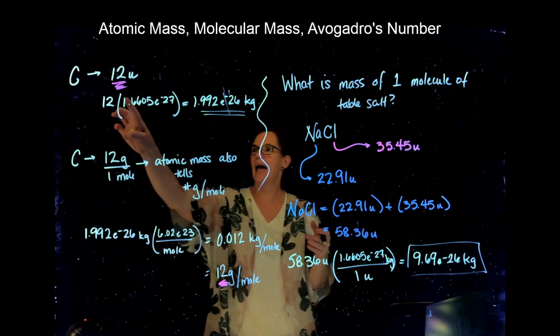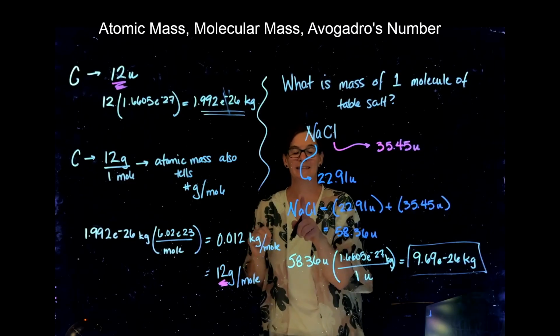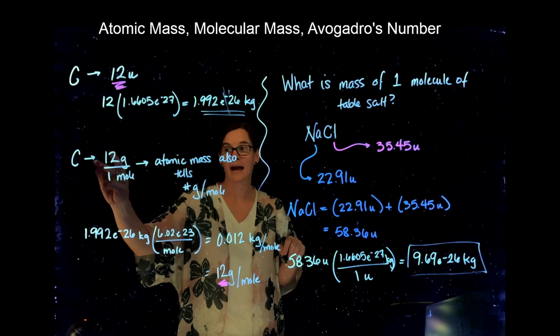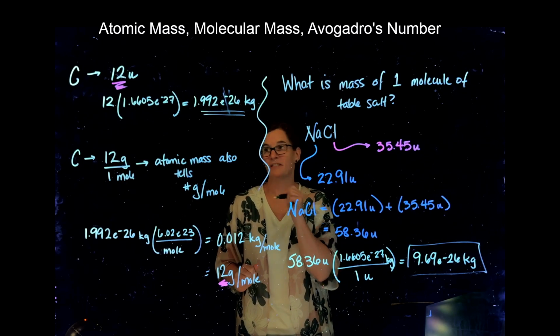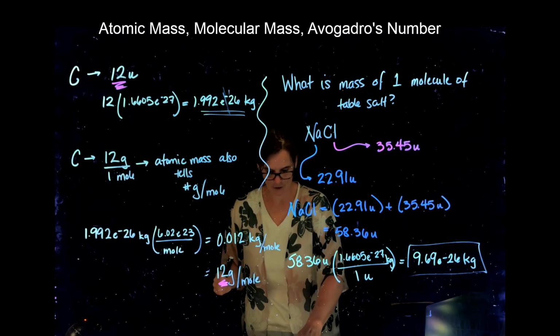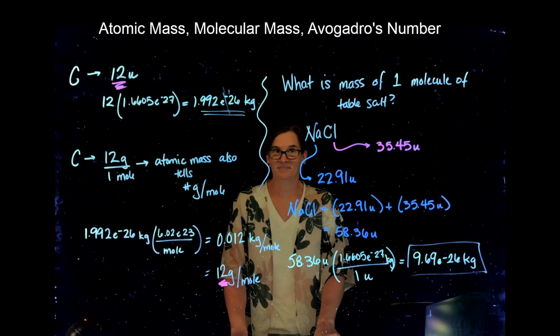So the mass multiplier of a single atom or the grams per 1 mole of that element, right? So both can be used to describe atomic mass. Okay.